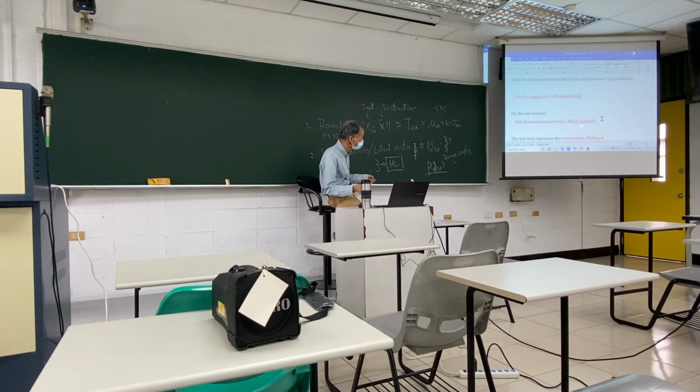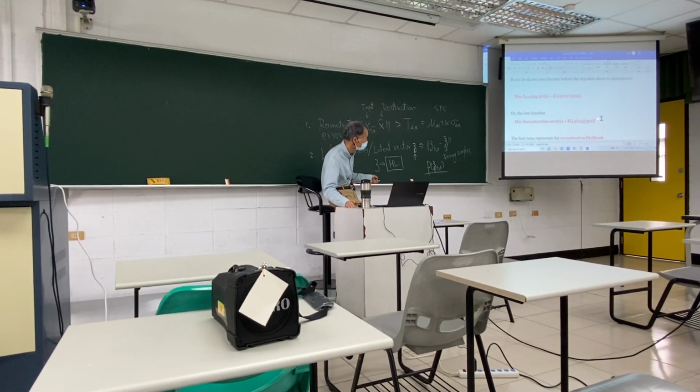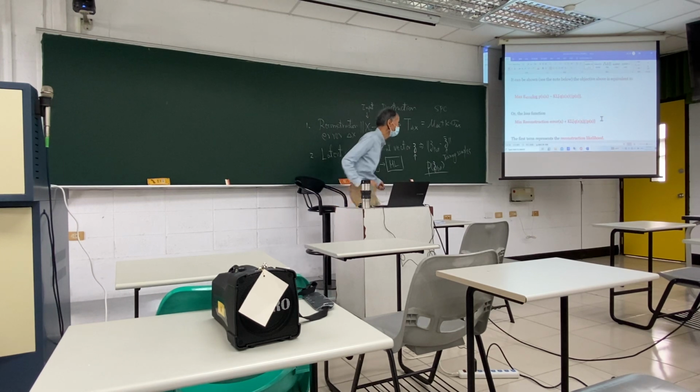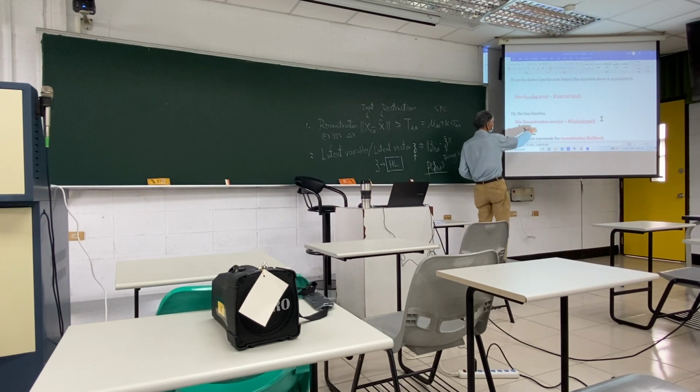And the KL term, because we assume P will follow the standard normal distribution, and Q will also follow a Gaussian distribution, with some estimated mean and standard deviation. Without this term, CAE basically relies only on the reconstruction error, right?